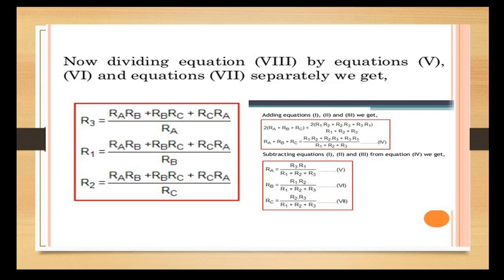So, for star to delta transformation, the equivalent delta resistance, see these are the delta resistances R1, R2, R3, is given by the sum of the star resistances between those terminals plus the product of those star resistances divided by the third star resistance. That means for R1 it will be RA plus RC plus RC RA by RB. Similarly, you can get all the three equations.